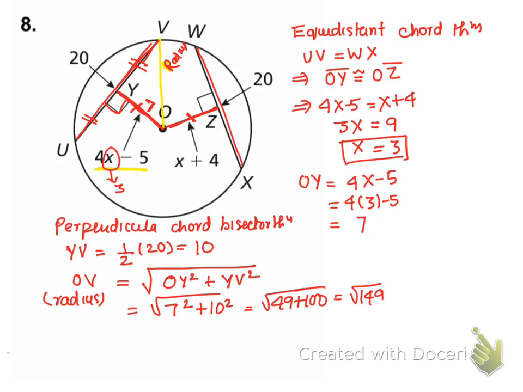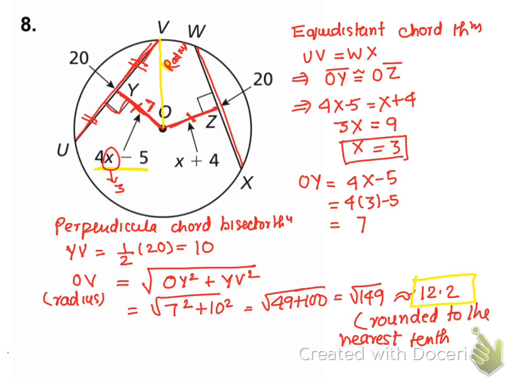And when you take the square root, because it's not a perfect square, your answer is 12.2, rounded to the nearest 10th. So if you're rounding, always write down what you get, rounded to the nearest 10th. So that's your final answer here. This is the radius that you required for the circle.